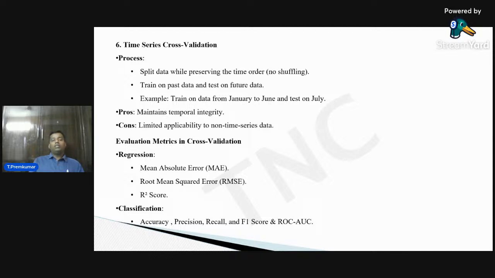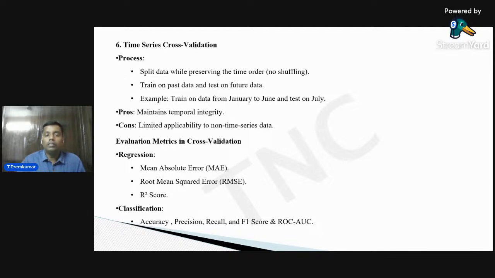For example, train on data from January to June and test only on July, which means we can go to the future while taking the data from the past. The pros is it maintains temporal integrity, and the cons is limited applicability to non-time series data. So we can use it only for data based on time.